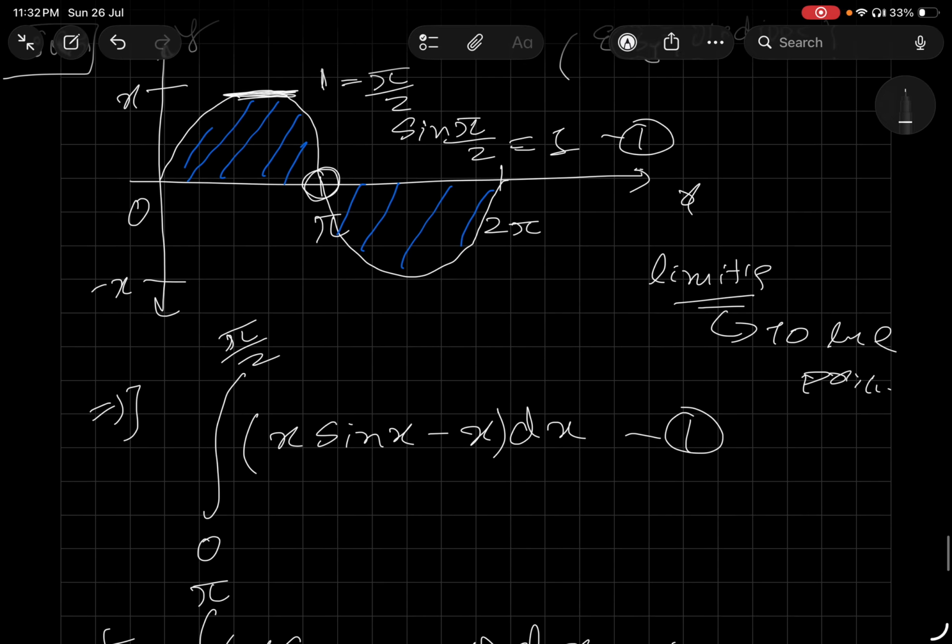Now the situation of the curve has entirely changed. The x-axis is on top and the sin x curve is the lower curve. The x-axis is the upper curve, sin x is the lower curve.